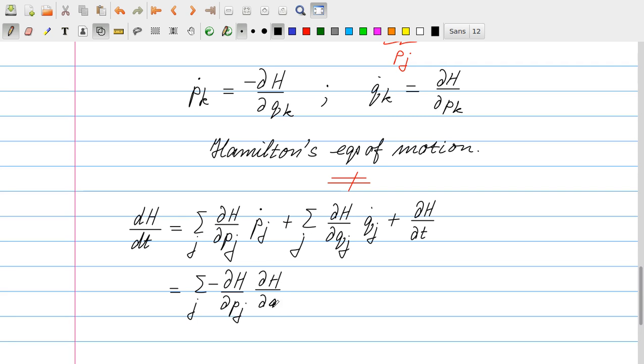So in this case I do not use the ṗk, but I use the ṗj. And then I have a second term, and that second term is ∂H/∂qj, and the q̇j is ∂H/∂pj.